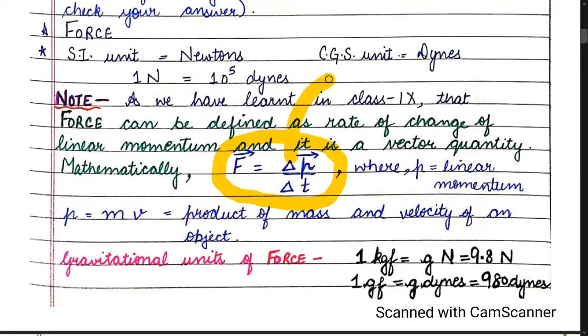The triangle stands for change, P is linear momentum, and T stands for time. And children, as you might remember, the formula of linear momentum P can be written as the product of mass and velocity of an object.